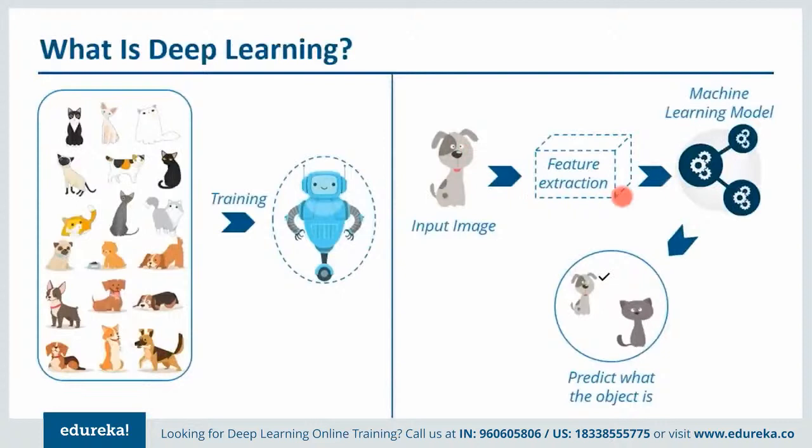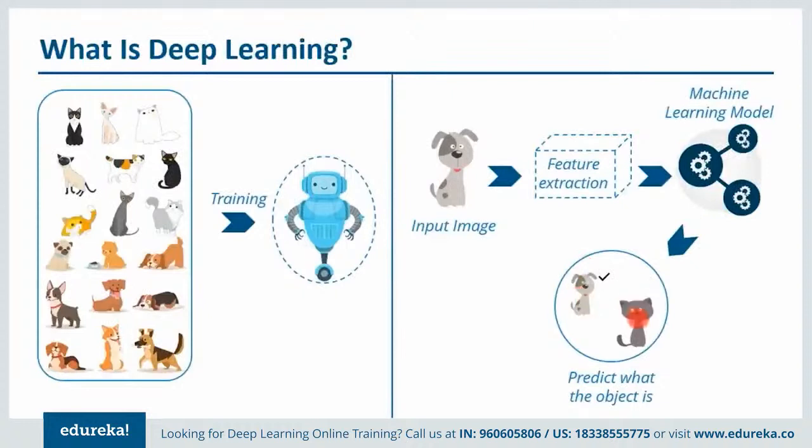Then we'll manually extract certain features, features like nose, whiskers, colors, edges, it can be anything. The important features which actually help us in classifying whether the input image is a cat or a dog. Then we make a machine learning model with that.